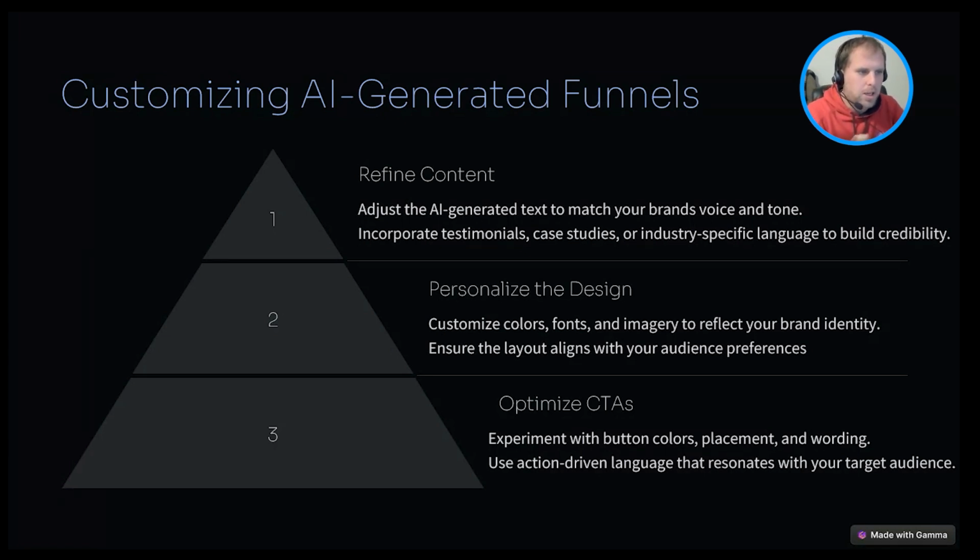Sync your CRM, email marketing, or analytics tools to track performance based off how the AI generated funnel worked. Automate follow-ups, lead scoring, and nurturing sequences as well. Now that you're not spending as much time on building the funnel, you can put more into the tools and automation to focus on the customer that's going through the funnel.